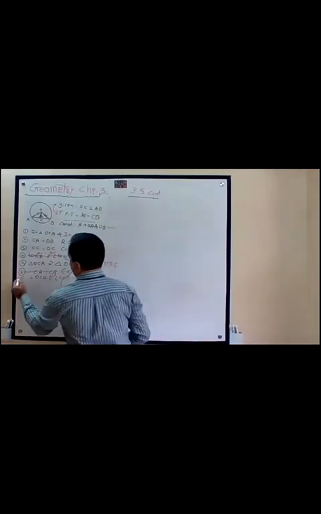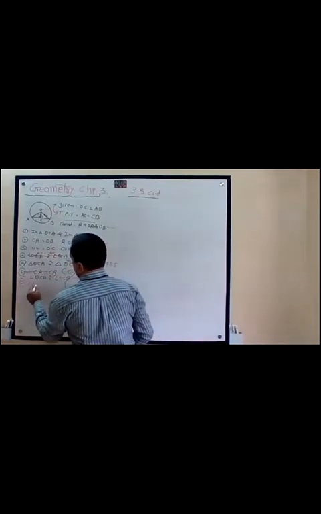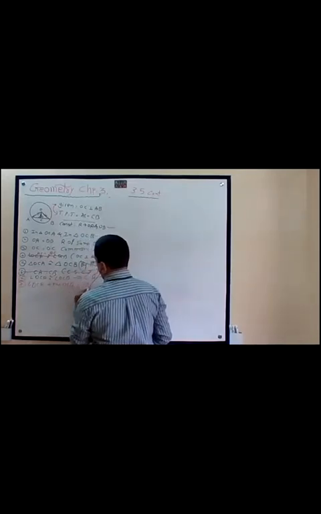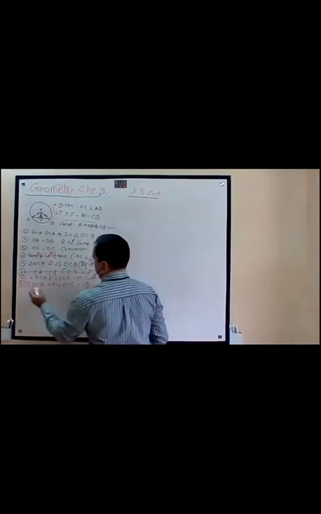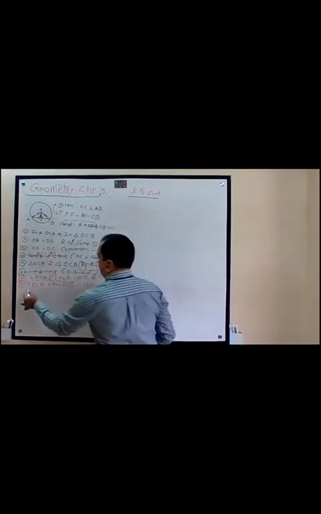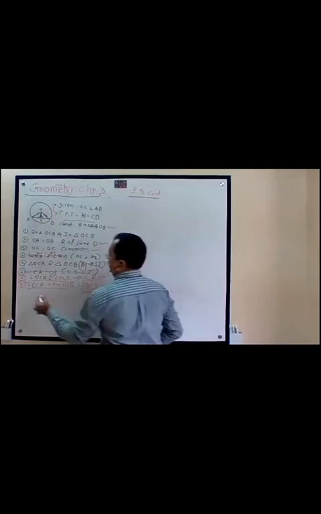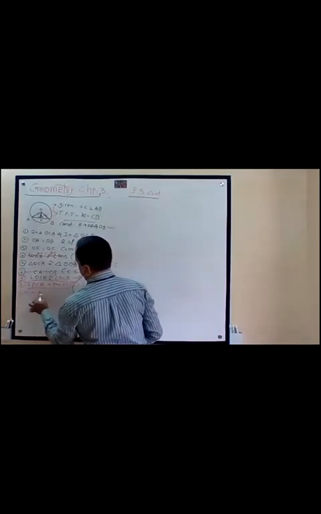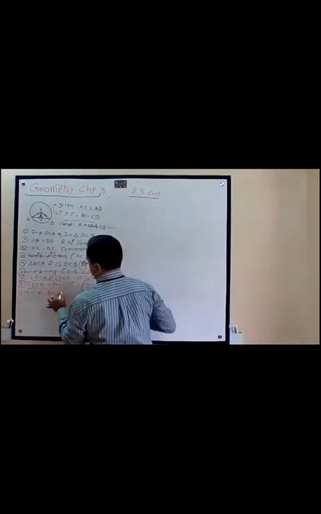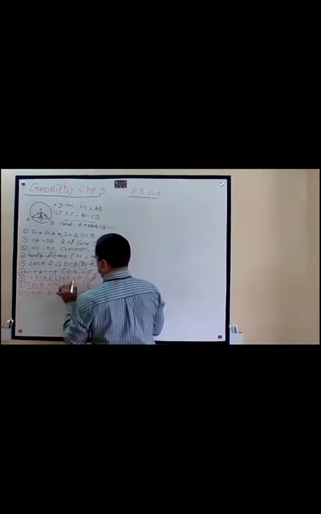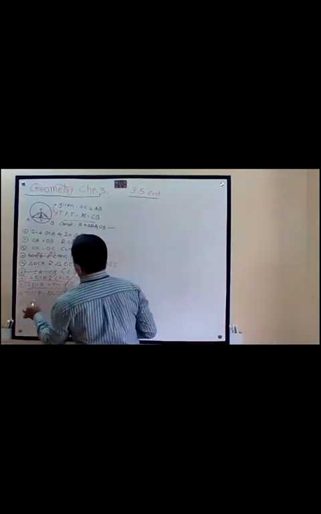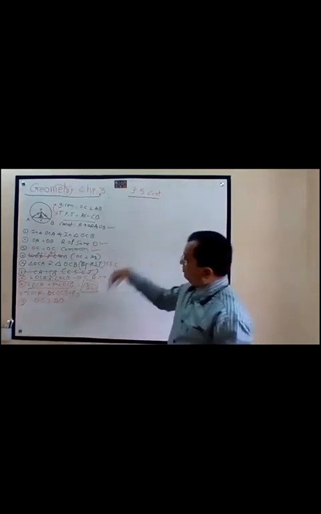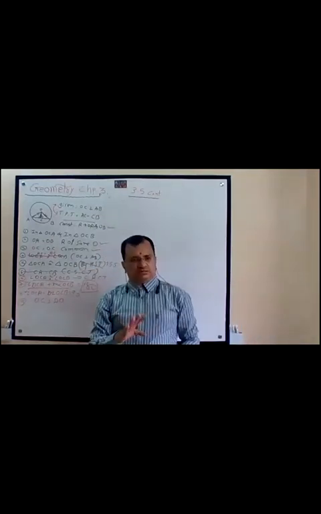For example, angle OCA plus angle OCB is equal to 180. Both are equal, the sum of both is 180, so individually 90. Therefore, OC is perpendicular to AB. But the previous one is more important.